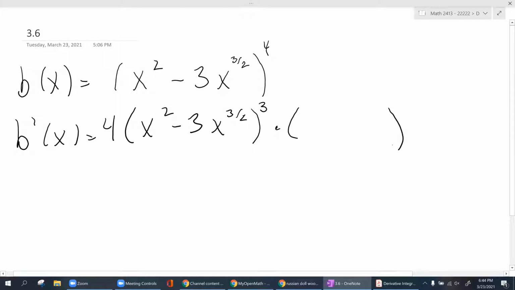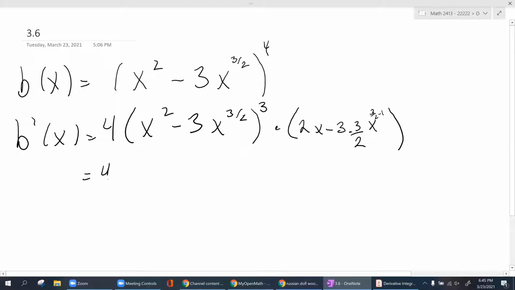So the derivative of the inside would be 2x minus 3 times 3 over 2 x to the 3 over 2 minus 1. You may want to slow down and take it step by step if you have to.